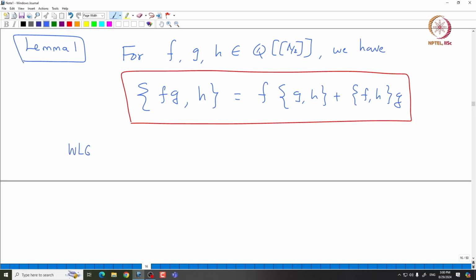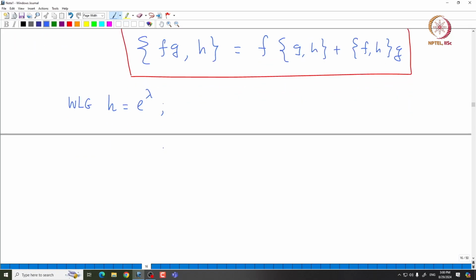So, without loss of generality, just take H to be e^λ. If you prove it for e^λ, then by linearity you have done it for all the elements. So, what if we take H to be e^λ? Let us write F to be the summation of a_γ e^γ, and G to be the summation of b_γ e^γ.